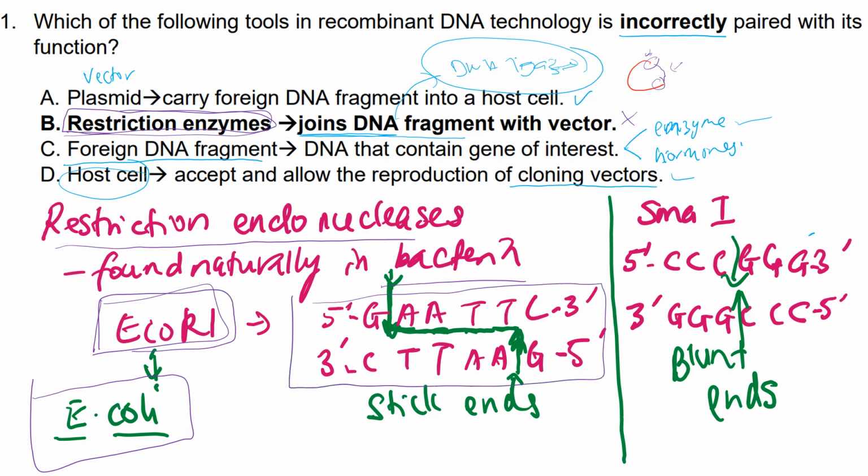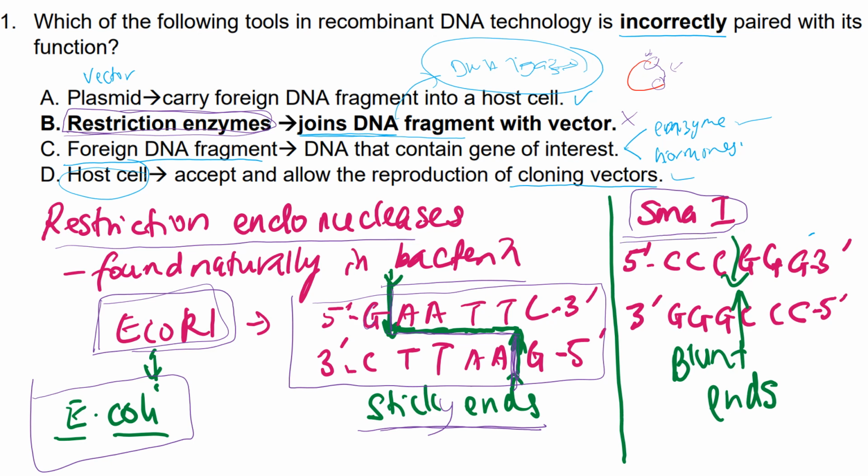It will cut the DNA between the guanine and the adenine, and the same goes on the other strand, between the adenine and guanine. EcoRI cuts the DNA in a staggered manner and produces sticky ends. Another example is the enzyme SmaI, extracted from another bacterium.